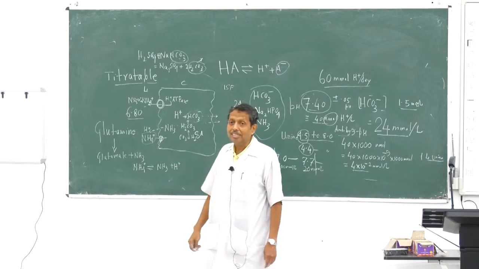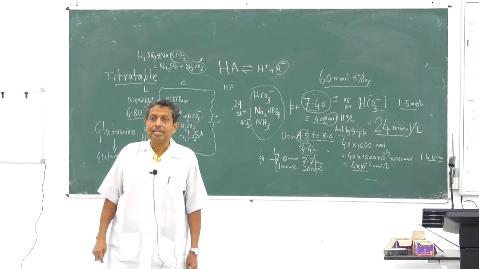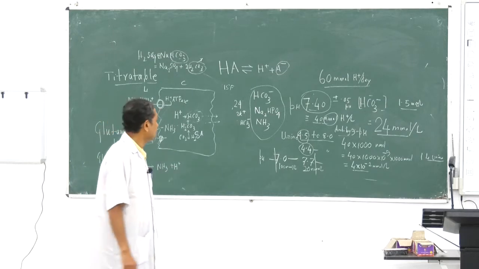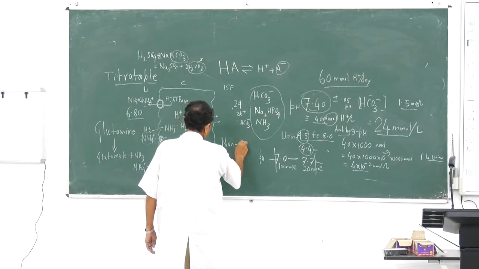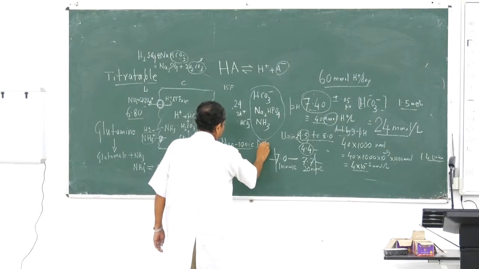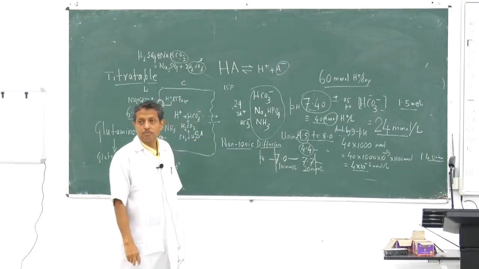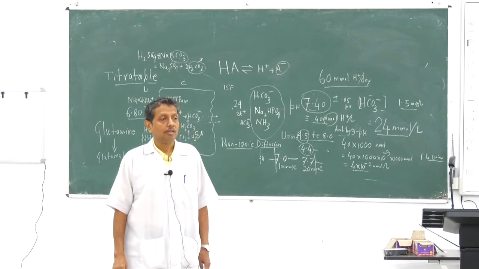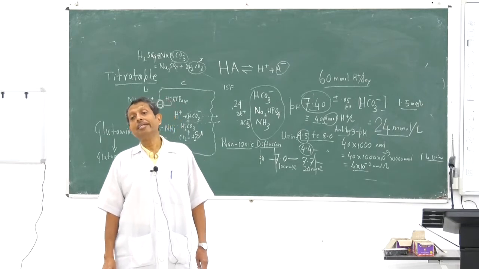This is called diffusion trapping. It is an example of non-ionic diffusion, or diffusion trapping. It is a good example of non-ionic diffusion.